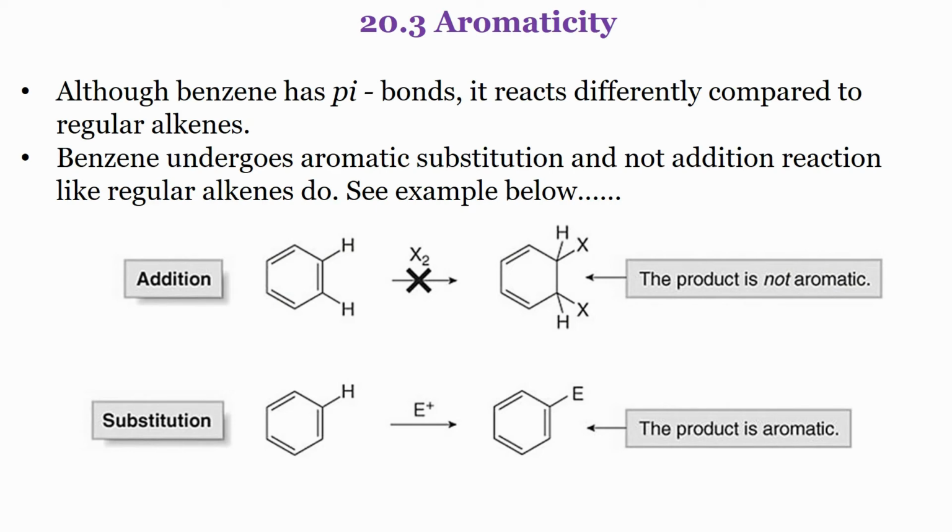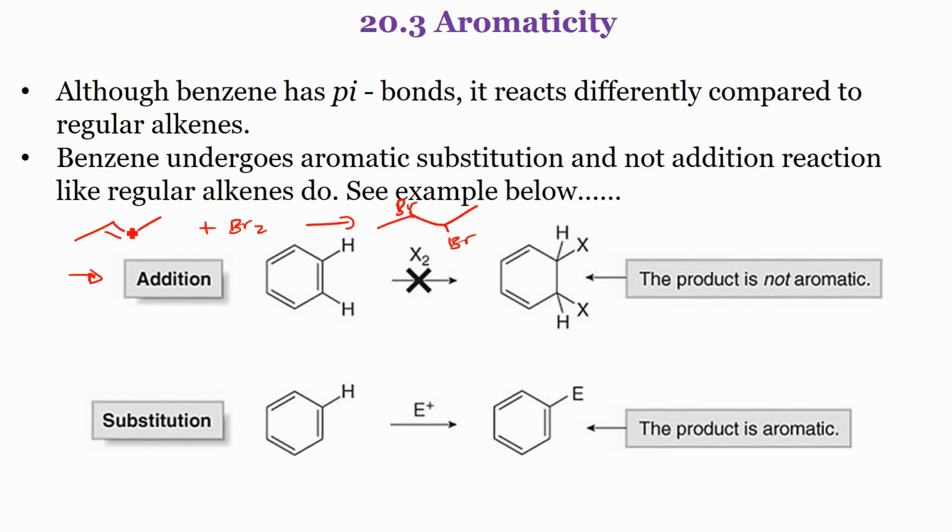Aromaticity. Although benzene has pi bonds, it reacts differently compared to regular alkenes. If you were to do an addition reaction with a regular alkene, for example, if you had this plus Br2, you'll add the two Brs across the double bond. That's how alkenes behave.